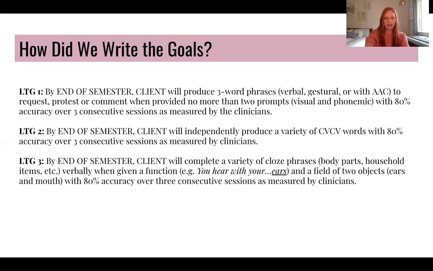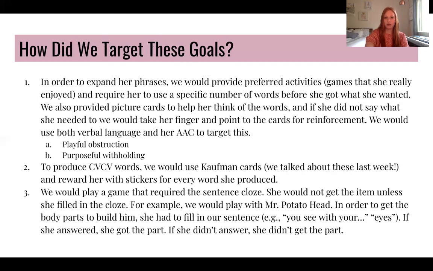For the second goal, again, I wouldn't write it as independently, and I would be a little more clear with a couple of the things I've mentioned throughout this slide. I hope that helped a little bit. We're going to talk about how we targeted them.